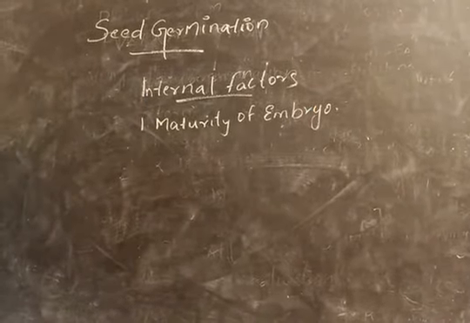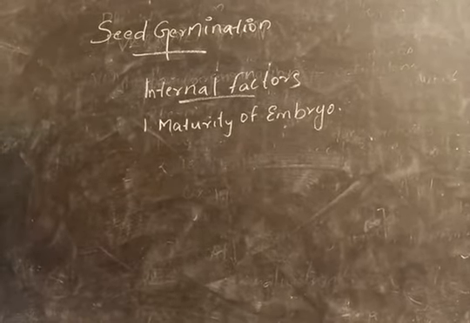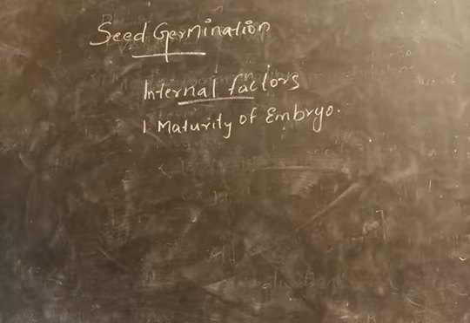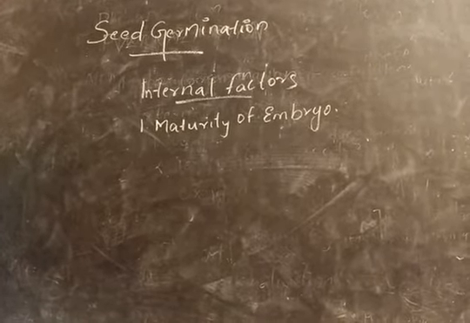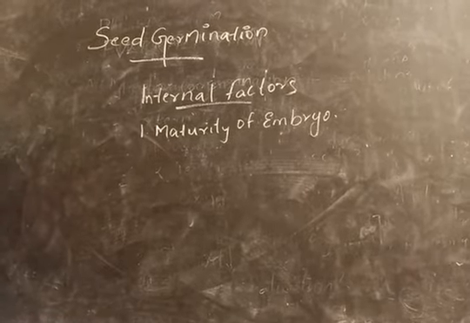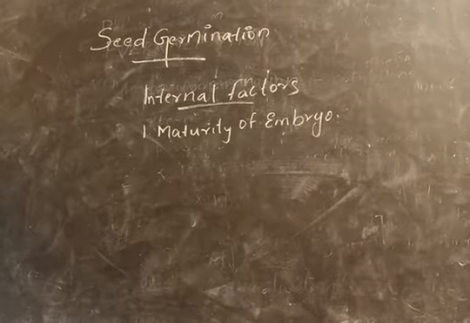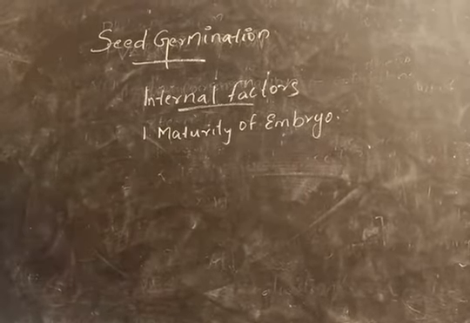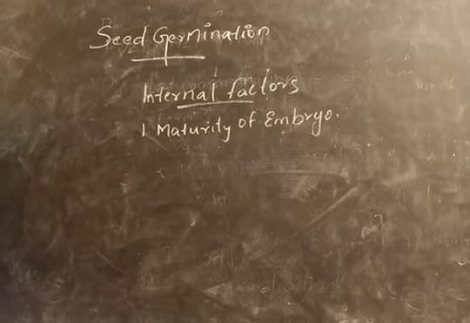Some plant seeds may contain immature embryos which may affect the germination of seeds. So such seeds may germinate only after the embryo becomes mature. Germination takes place only when the embryo reaches the mature stage.